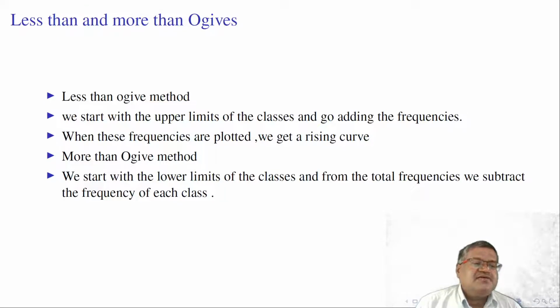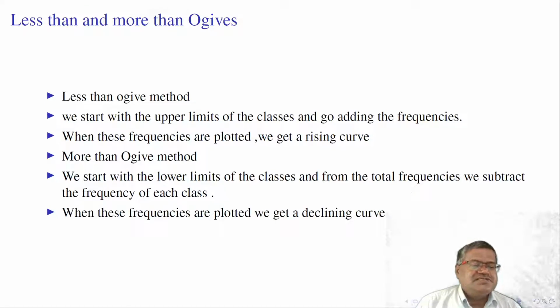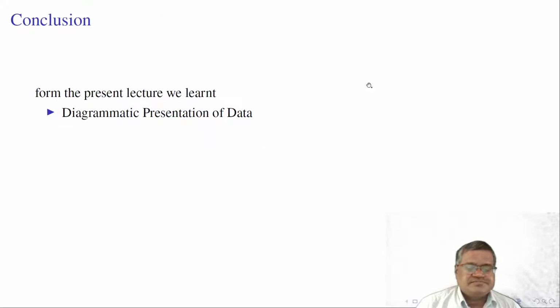We subtract the frequency of each class. When these are plotted, we get a declining curve. Upper limit with less than cumulative frequencies, lower limit with more than cumulative frequencies. By plotting these points we get two curves, one is less than curve and the other is greater than curve.